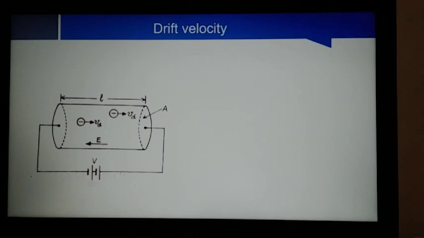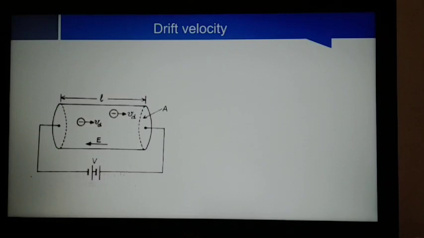The ends of that conducting wire are connected to a cell of potential V. You can see the end of the conducting wire connected to the positive terminal of the cell has a positive potential, and the end connected to the negative terminal has a negative potential, which means these two ends have a potential difference.